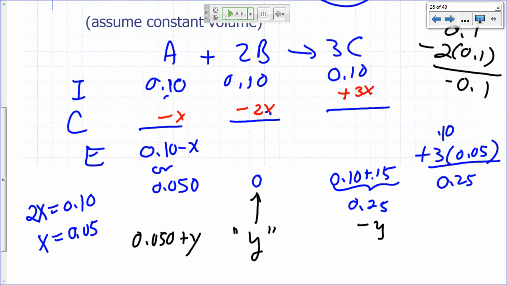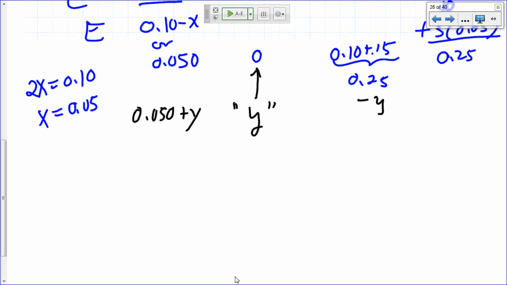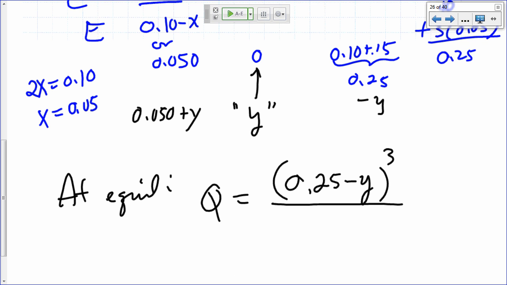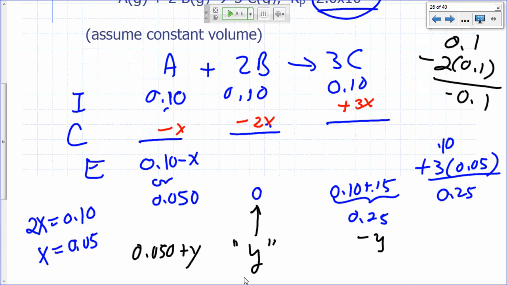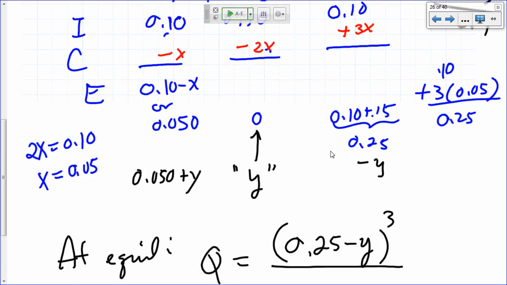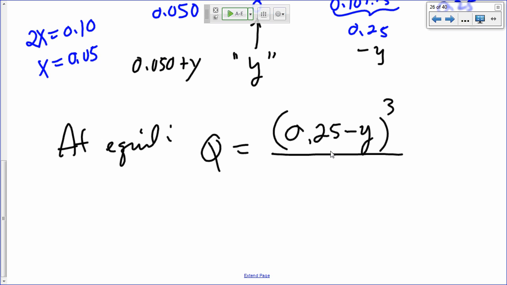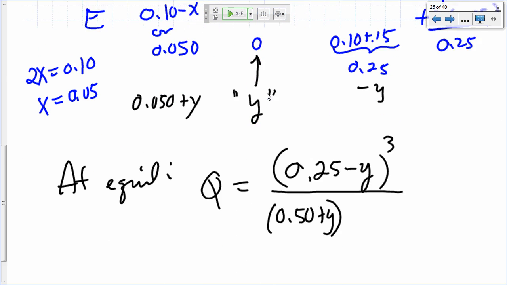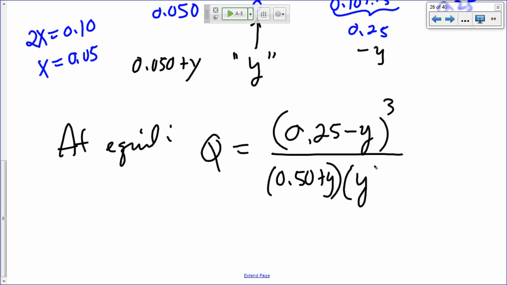So what would be my Q at equilibrium then? At equilibrium, we would say Q is equal to (0.25 minus y) cubed over, that's your product, right? C cubed over A, which is 0.05 plus y, raised to the power 1, times partial pressure of B, which is y squared.